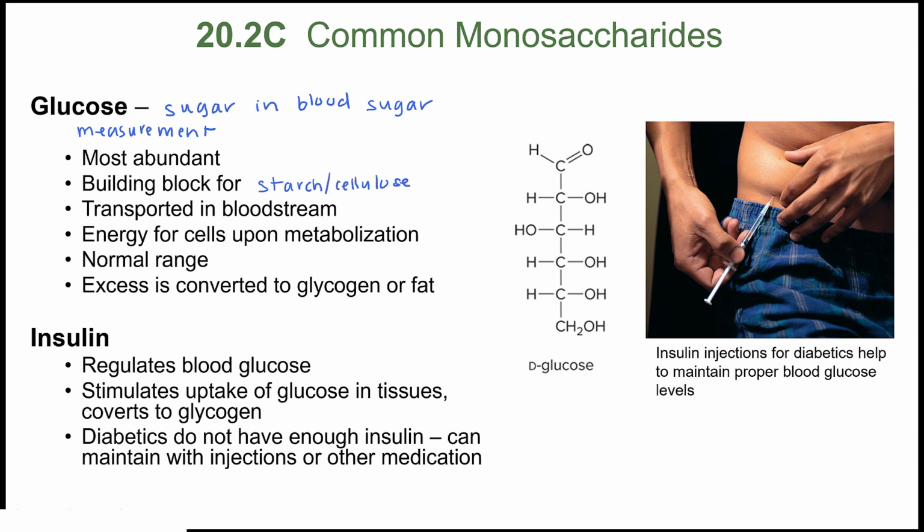It gets transported in our bloodstream to provide energy for cells upon metabolization. Once our body breaks down the carbohydrates into glucose, we can use that for energy. A normal blood sugar range is around 70 to 110 milligrams per deciliter. Any excess sugar is going to be converted to glycogen or fat, which is a polysaccharide.